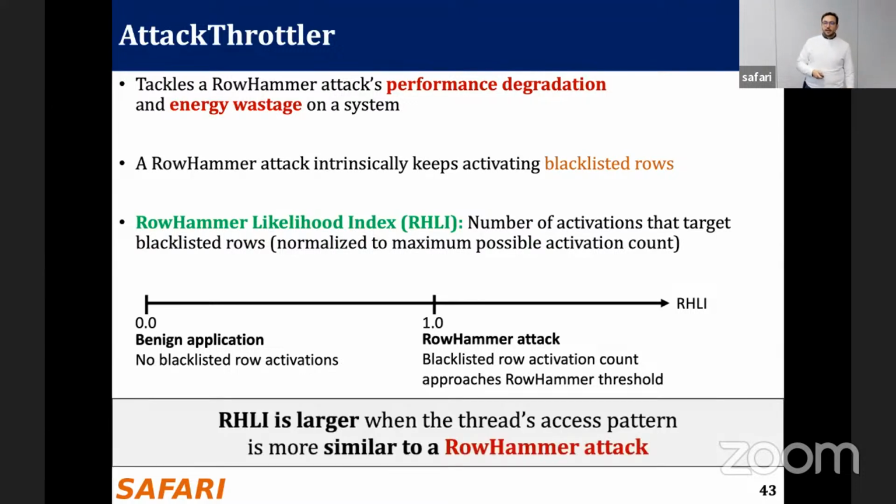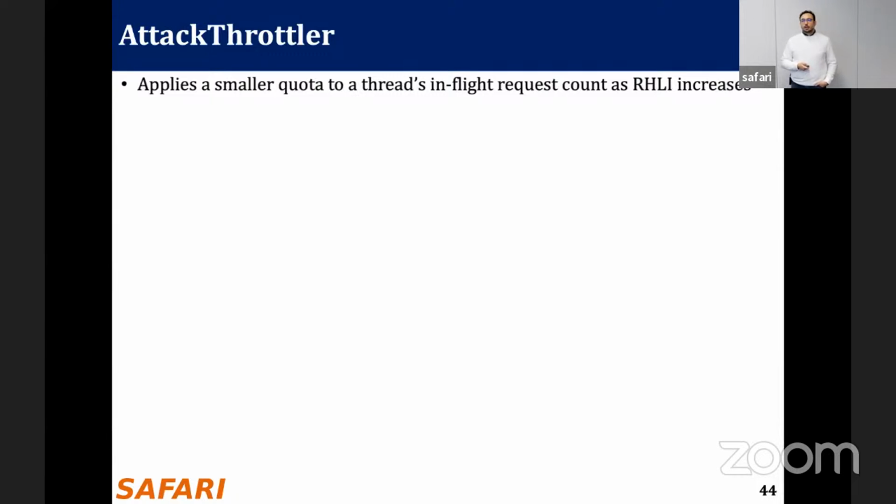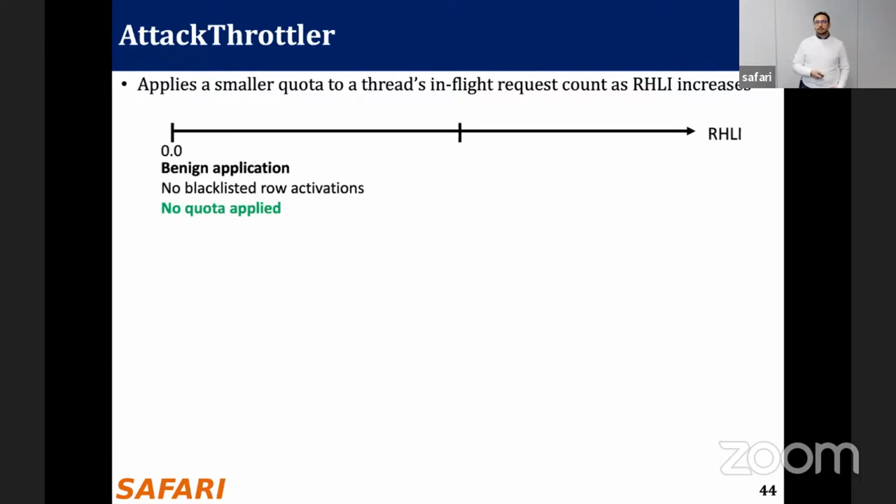As you go higher in this index, it shows that the memory access pattern of that thread is more similar to a RowHammer attack. So the attack throttler applies a smaller quota to the thread's in-flight request count as RHLI increases.